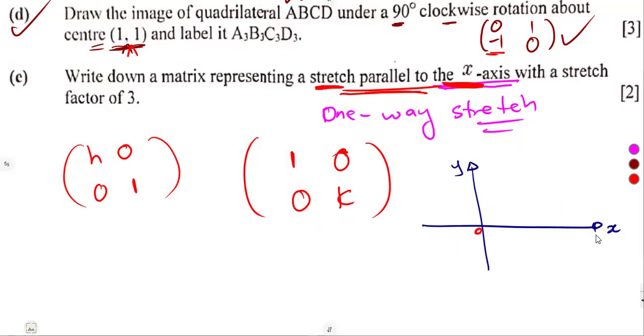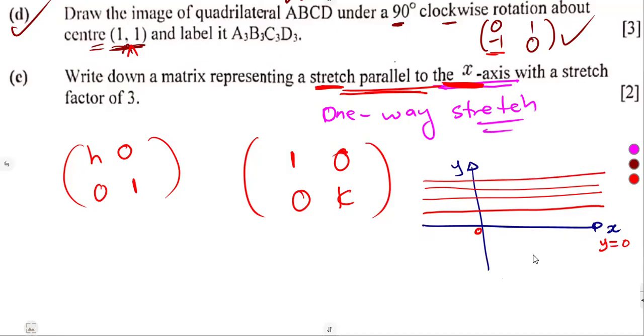At the origin, the x-axis itself is the line y equals 0. So any other line that is parallel to the x-axis must be of the form y equals 1, y equals 2, y equals 3, y equals 4, y equals -1. All these lines are parallel to the x-axis.